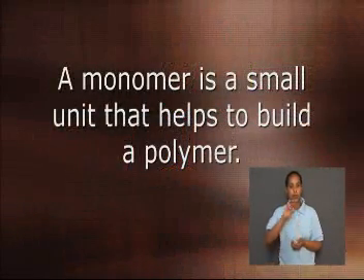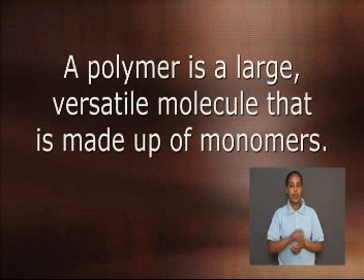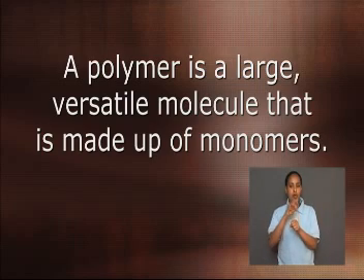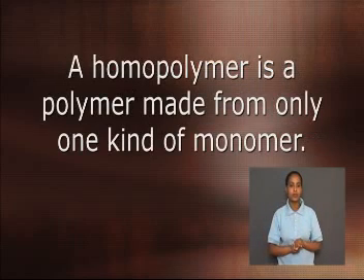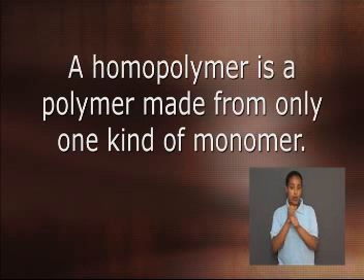A monomer is a small unit that helps to build a polymer. A polymer is a large, versatile molecule that is made up of monomers. A homopolymer is a polymer made from only one kind of monomer.